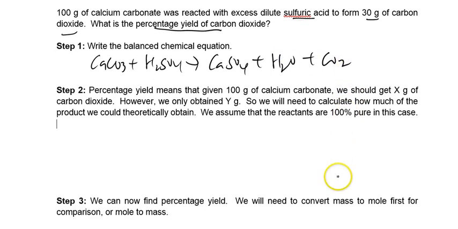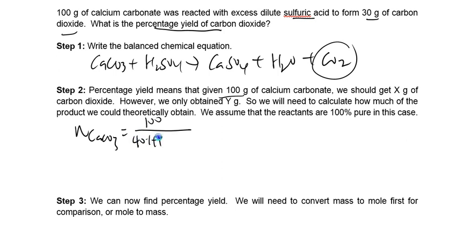Now, step 2, we know that this is the yield calculation, so this is a pure substance. We need to calculate by right how much CO2 should be formed. So first of all, we calculate the number of moles of calcium carbonate. This is mass divided by molar mass, CaCO3.